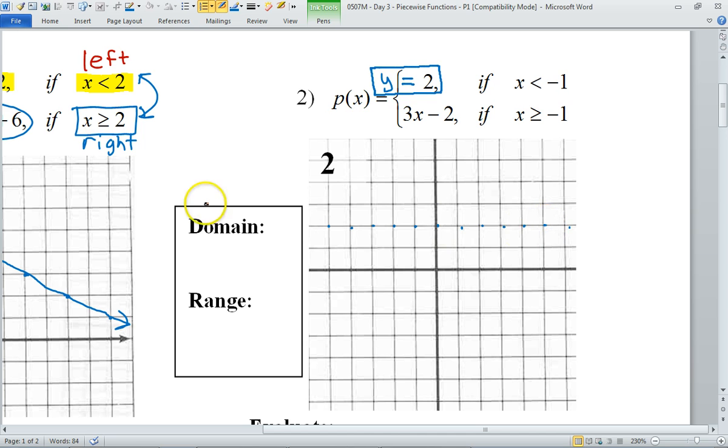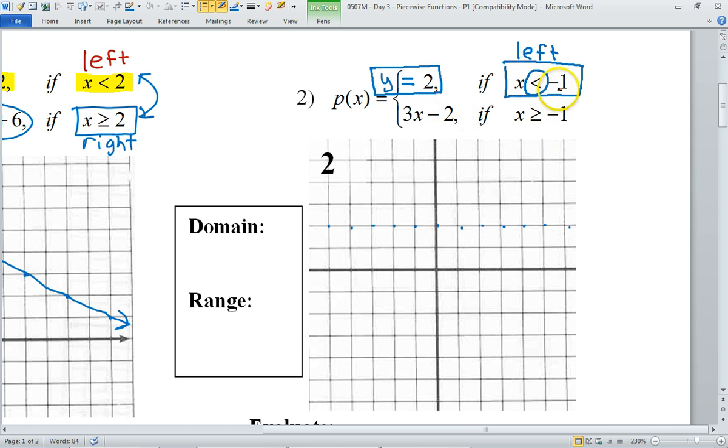Okay? But am I going to draw this entire line from left to right? No. I'm only going to draw the part of the line where the x values are less than -1. Am I thinking left or right when I look at this? I'm thinking left because less than is to the left for x values.